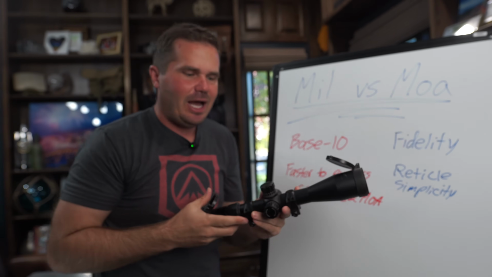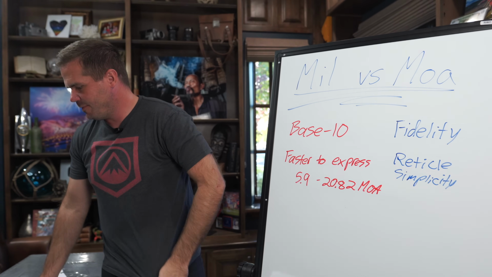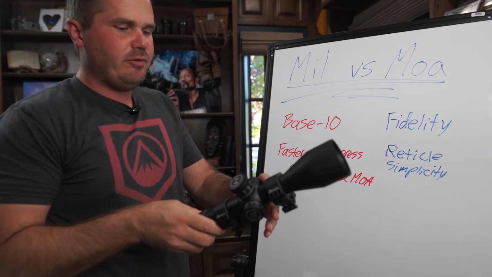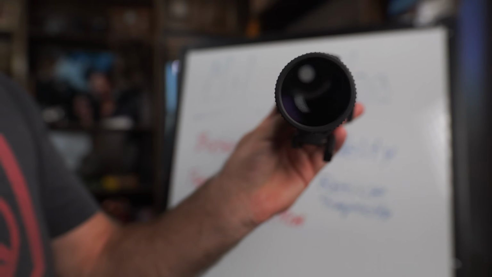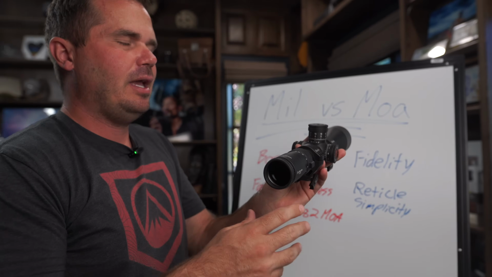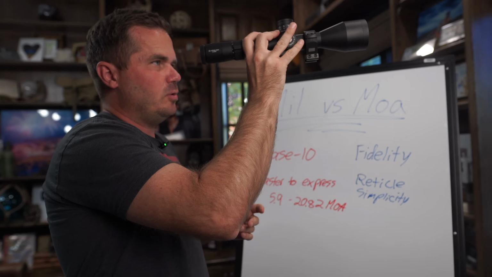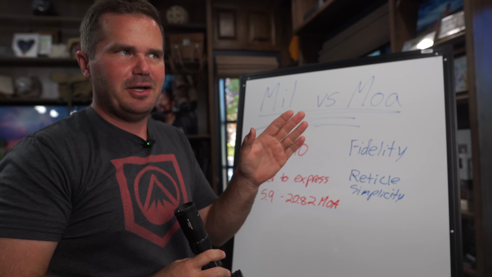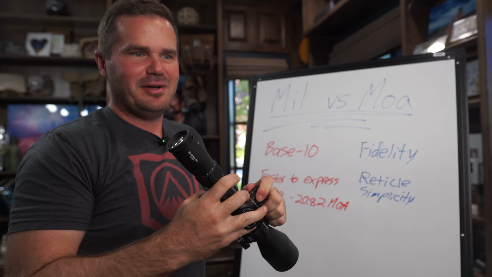And so I actually really like an MOA scope personally, the reticles of them. But a lot of people also have a preference for what the reticles in a mill scope look like. Now, the part that I would knock the mill reticles just slightly, and again, it's something you get used to and it doesn't even matter, but as you're first reading them, what's become more common in the mill scopes is to show it in 0.25 mil increments in between, but you're on tenths of a click here.